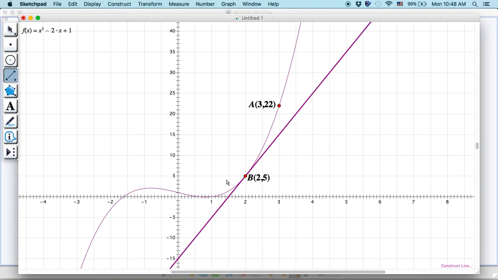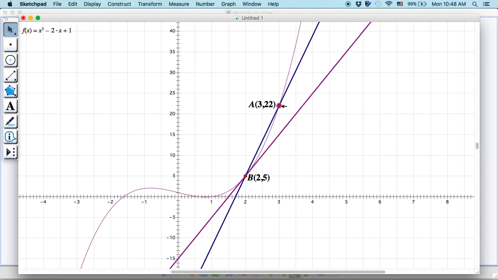If you have a point here very close to that one, and this point goes right on top of A, that's going to be 17x minus 29, which is g of x. But if this point goes closer and closer to point B, and right on top of B, that's going to be the tangent line.